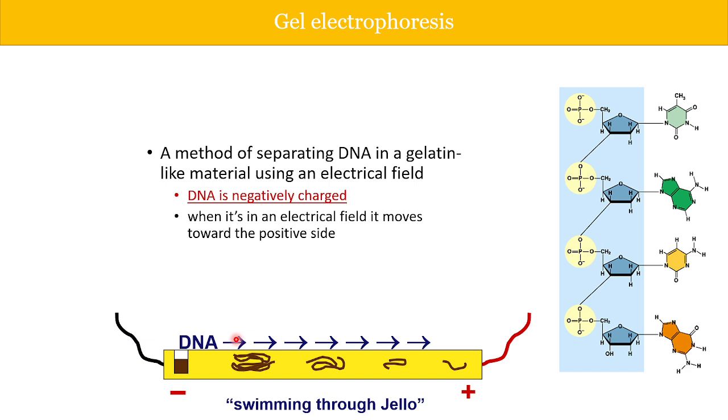DNA is negatively charged, so when an electrical field is applied, it moves towards the positive side, depending on the number of base pairs it contains. You load your sample here; this is the negative terminal and this is the positive terminal. The size of the DNA molecules determines whether mobility will be fast or slow, so you can tell the length of the nucleic acid.